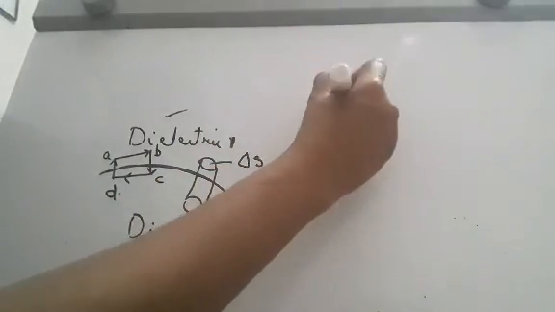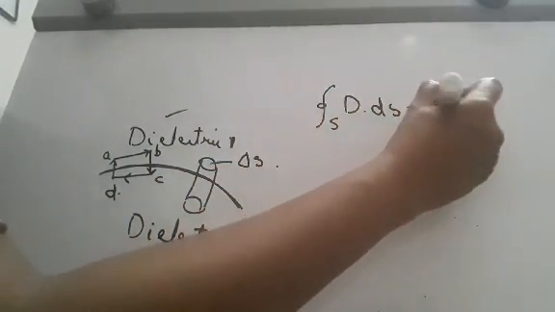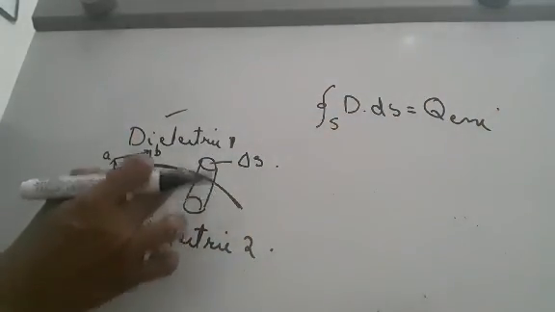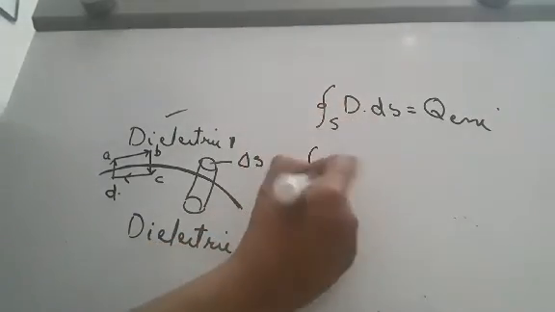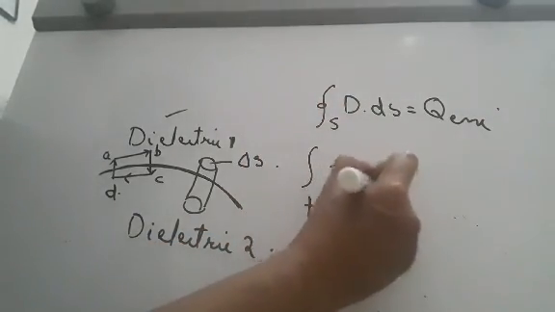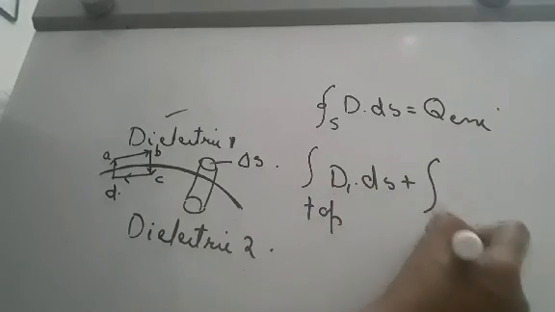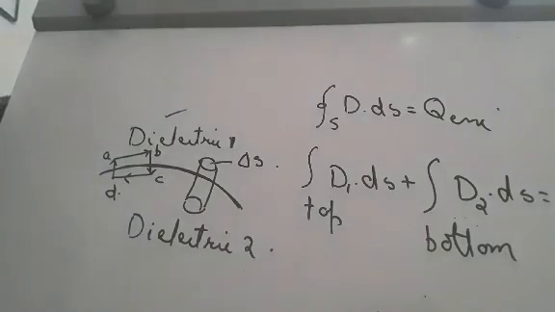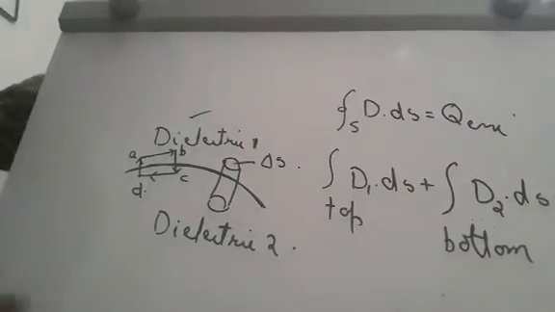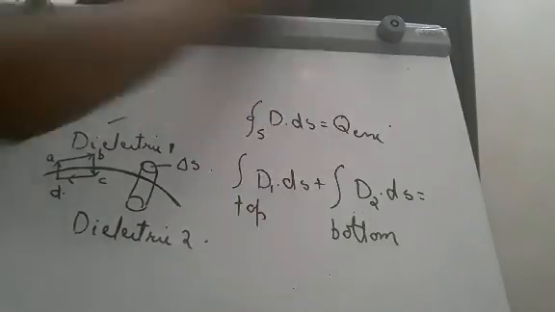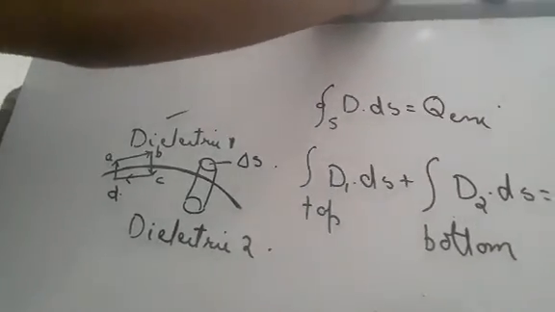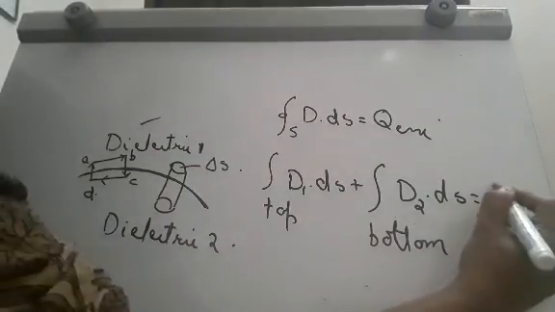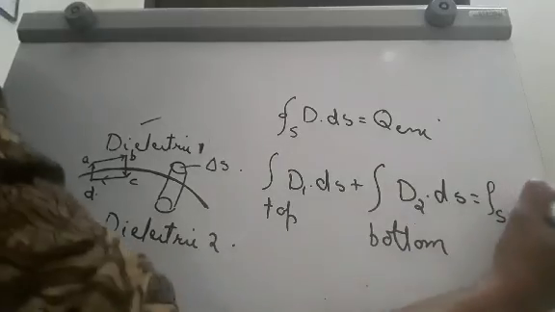So closed surface integral of D dot ds is equal to q enclosed. Here there is need only to take the top and the bottom because the sides tend to 0. So top D1 dot ds plus bottom D2 dot ds is equal to, for the charge, let rho s be the surface charge density into delta s.